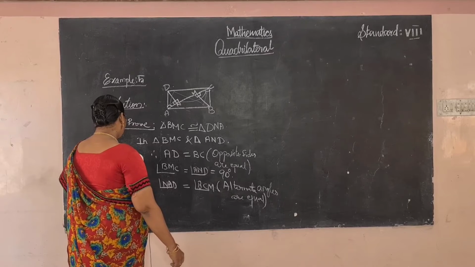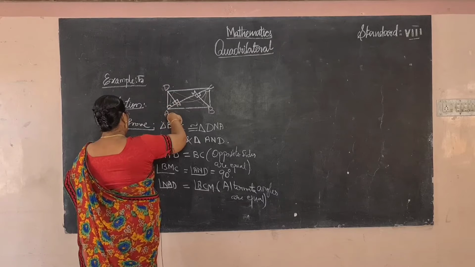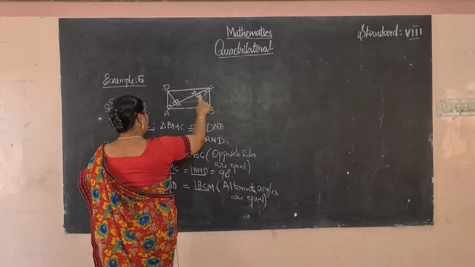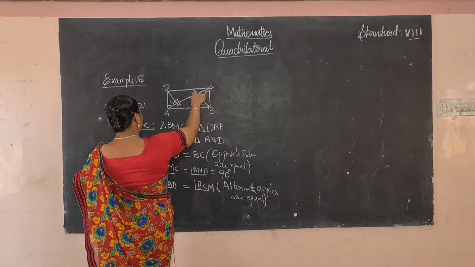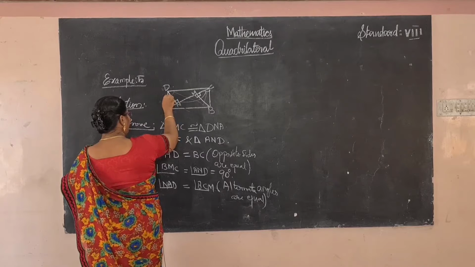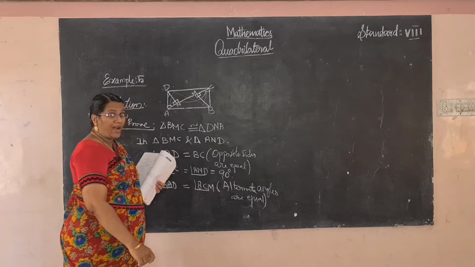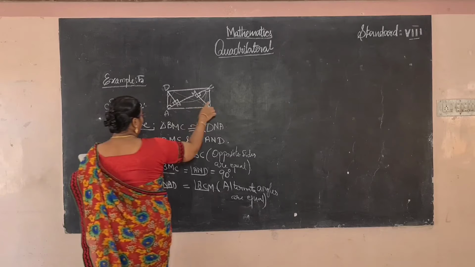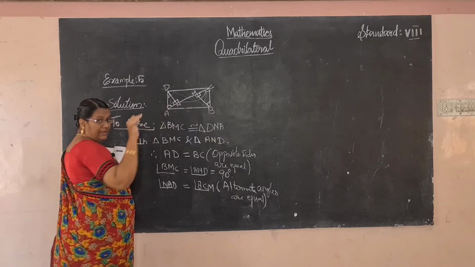And next one, NDA and MCB, BC. So, angle sum property. We know these two values. The sum of the angles is 180 degrees. So this angle and this angle, to differentiate, I have put a double arc.